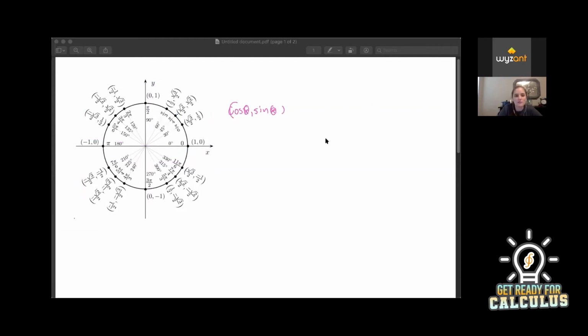Okay, let's see. Another way to memorize that is with "All Students Take Calculus." So here, all of them are positive. Actually, I would just think about it in terms of sine, cosine, and tangent, because then you'll have to relate it to those if you're doing one of the reciprocal functions.